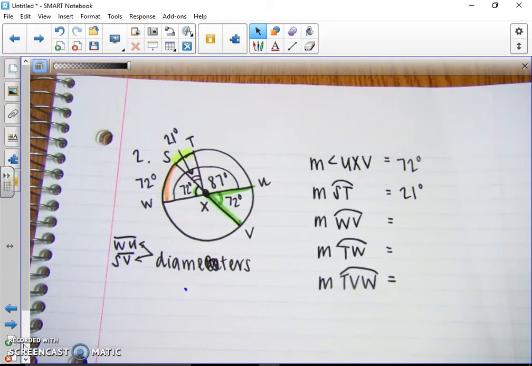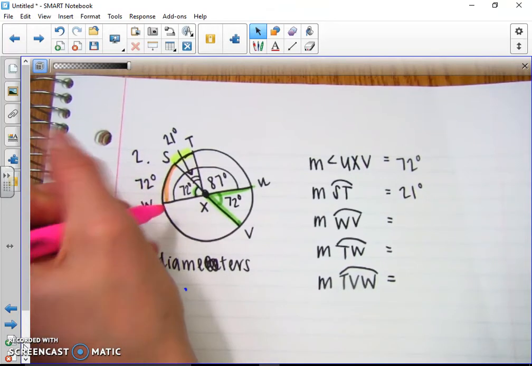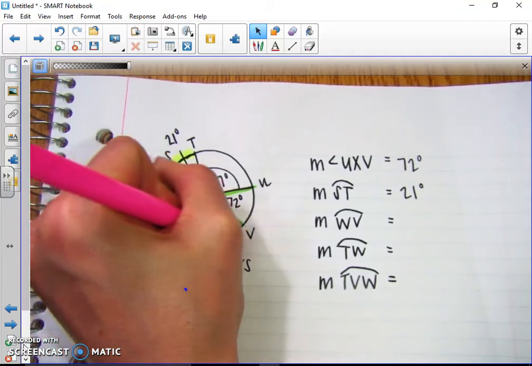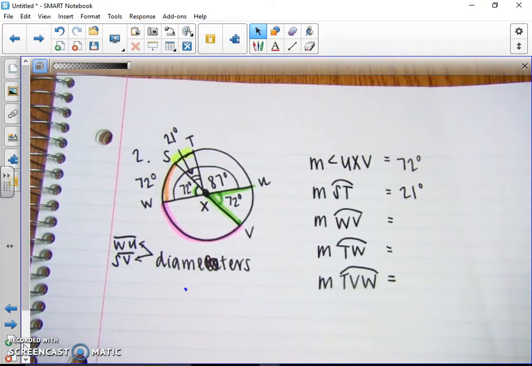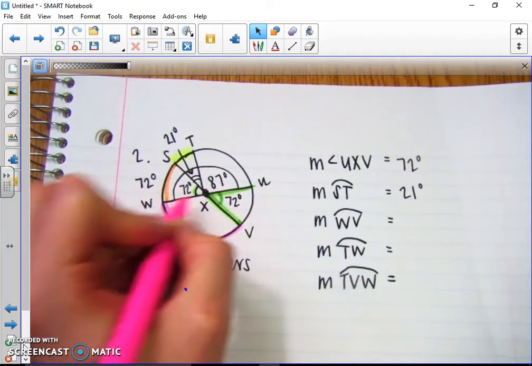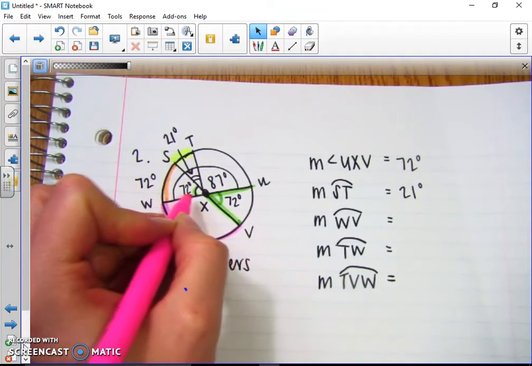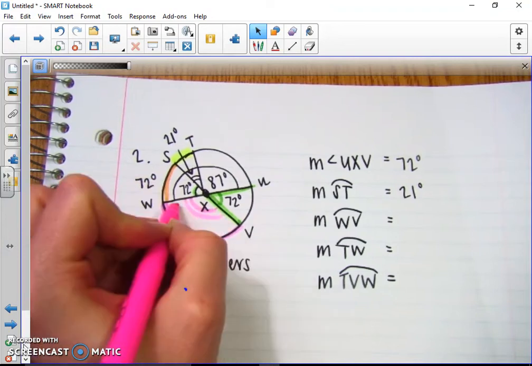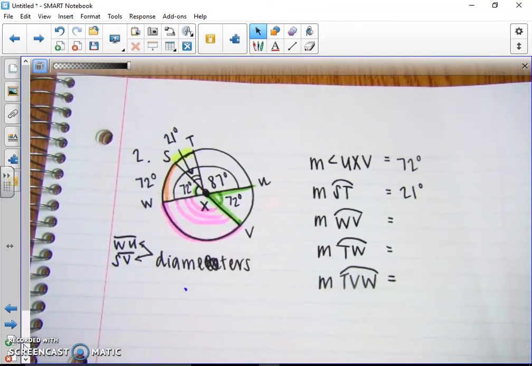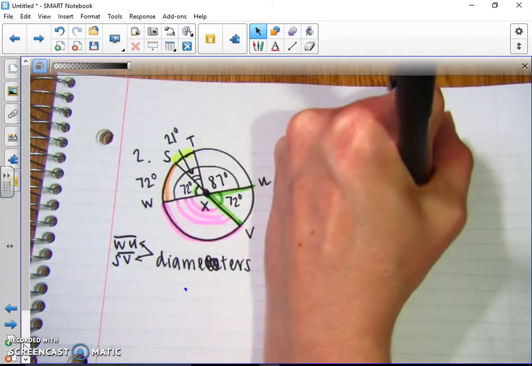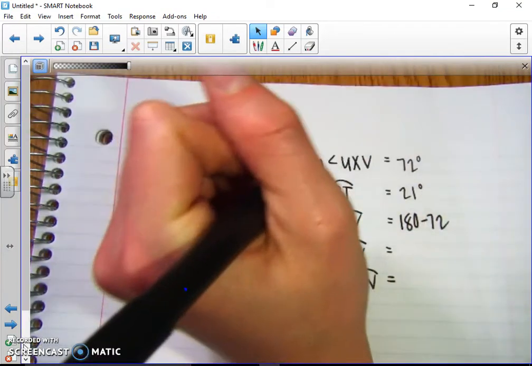Then they're asking us for WV. WV, the arc measure. So there's a couple things we could do. When I see WV, I think about this inscribed angle. It's a linear pair with 72. So let's just do 180 minus 72 and see what you get left over.